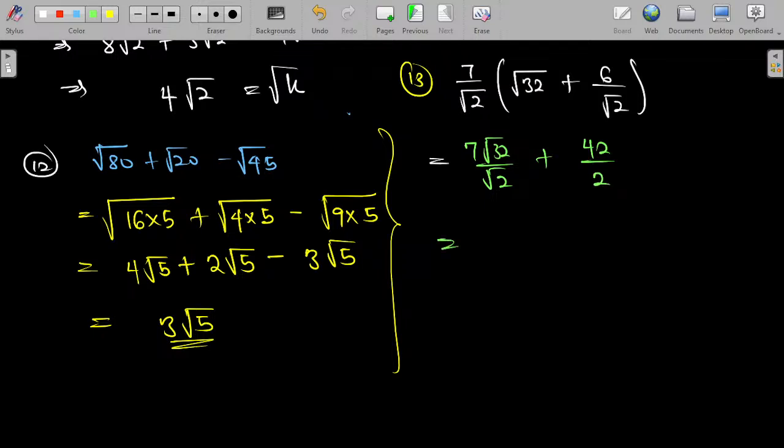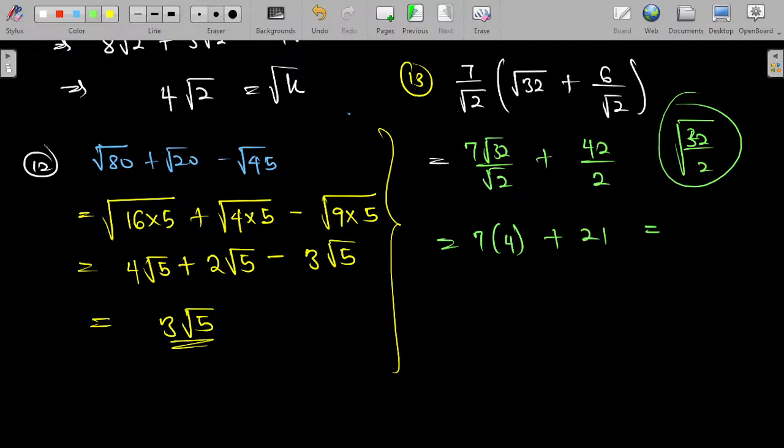Root can split over division, so this will be the root of 32 over 2, which is root 16, and root 16 is 4. So you have 7 times 4 plus 42 over 2 is 21. That will give you 28 plus 21, which is equal to 49 as the solution.